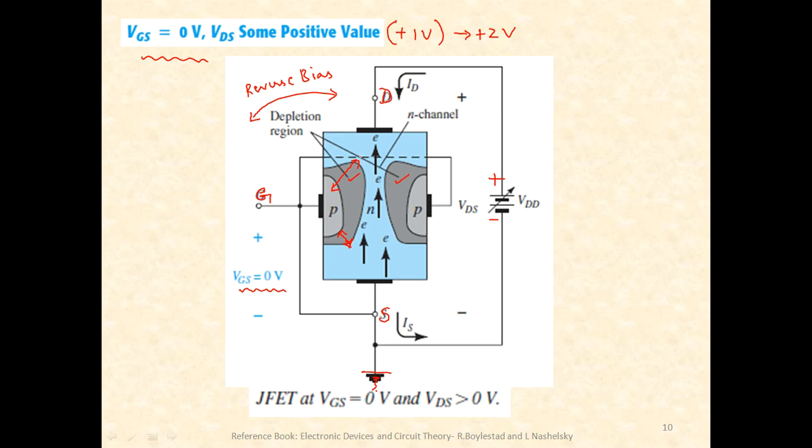Okay, now what will happen if VDS is further increased, say from 1 volts to plus 2 volts? Okay, that means we are trying to make the PN junction more and more reverse biased. So when it gets more and more reverse biased, obviously the thickness of the depletion region increases further. Okay, so I am just drawing it, how it increases. Okay, so this is what it happens. Okay, fine. So the point is the width of the channel. Okay, let me just denote the width.